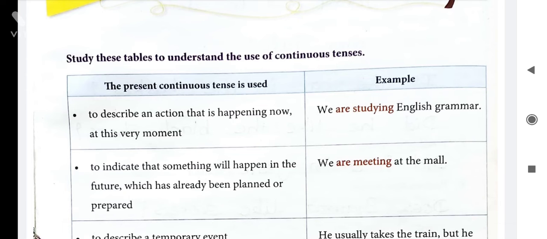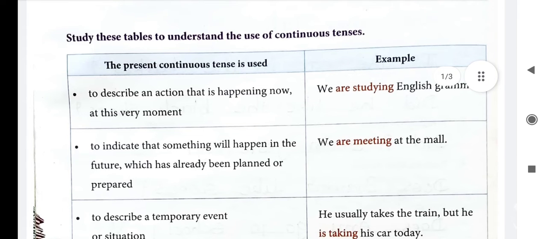So it is happening at the time of speaking. I'm teaching you grammar, right? I'm speaking and I'm teaching. So the thing is happening at the time of speaking. So here we have a table which shows us how to use it.